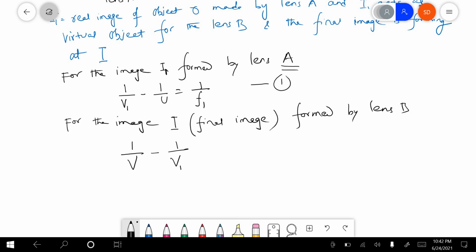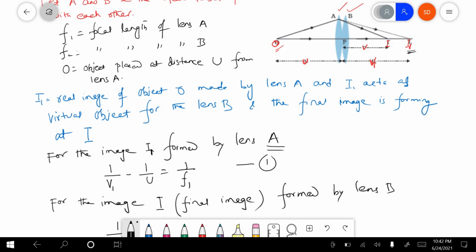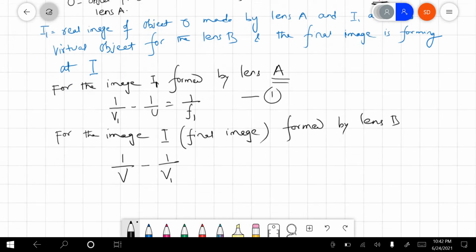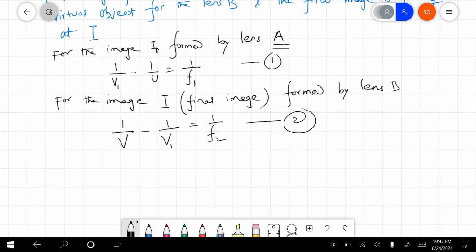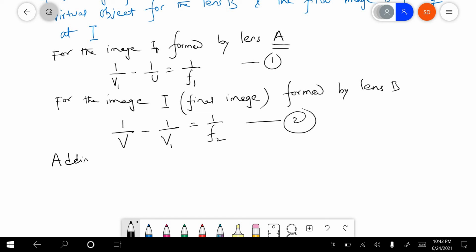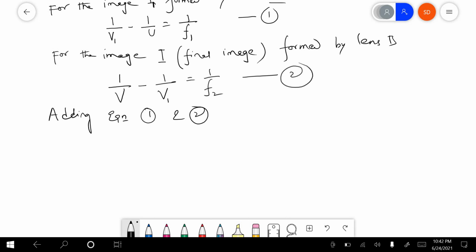Since the image I1 acts as the object for the second lens, this distance v1 acts as the object distance for the second lens, and it is equal to 1 by f2, the focal length of the second lens. Now adding equations 1 and 2, what will you get? 1 by v minus 1 by u is equal to 1 by f1 plus 1 by f2.